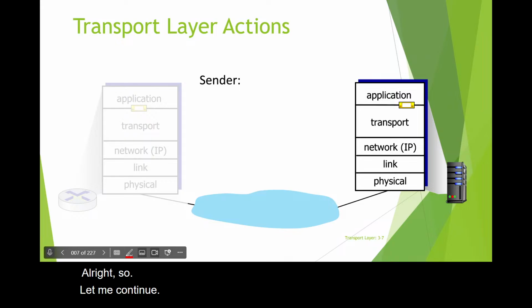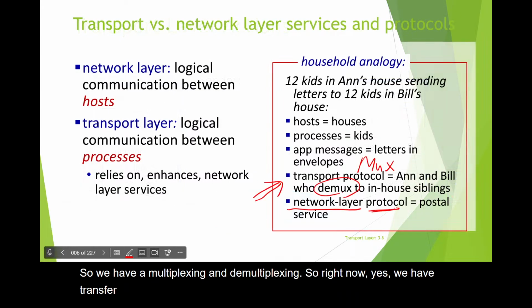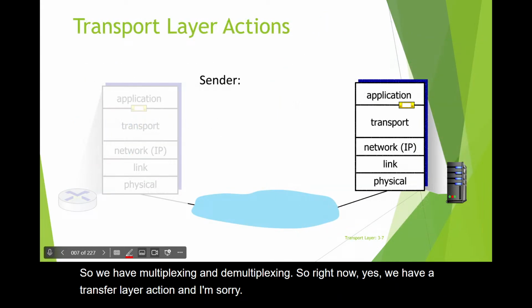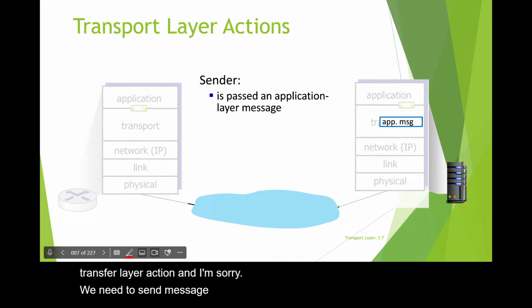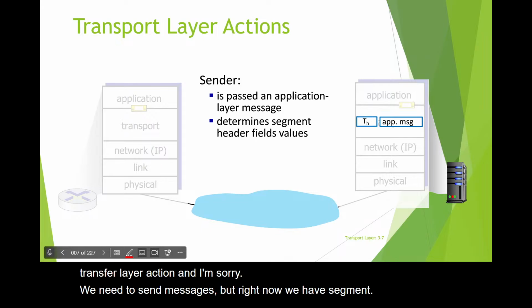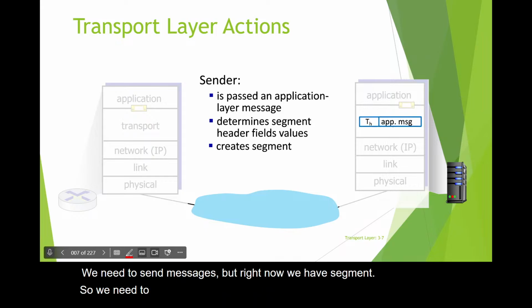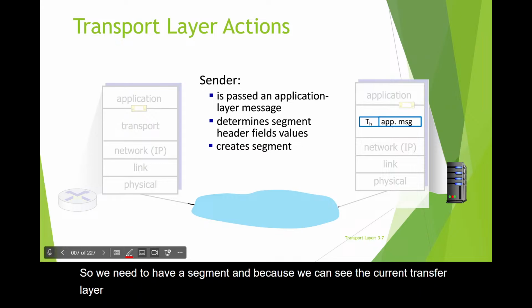So we have multiplexing and demultiplexing. Right now, yes, we have the transport layer action. We need to send messages, but right now we have a segment. Because we consider the current transport layer, we don't care about the lower layers.